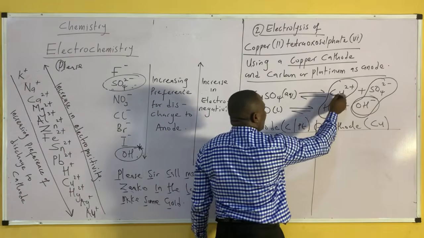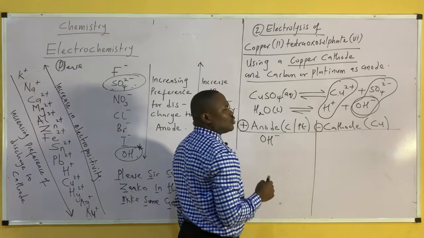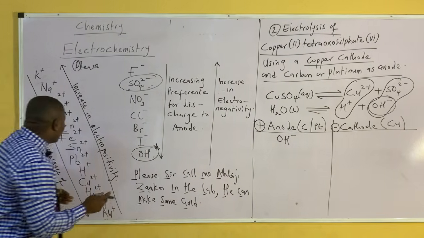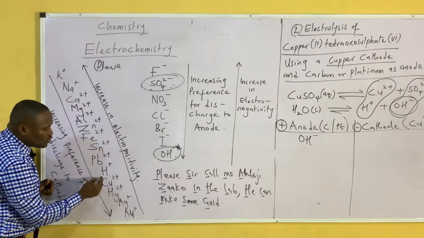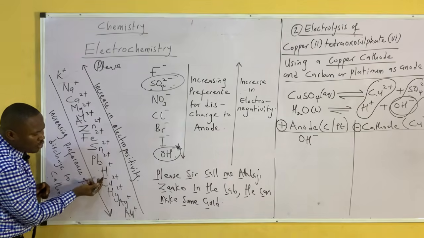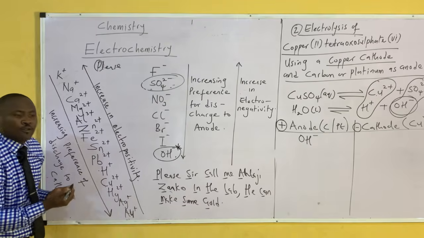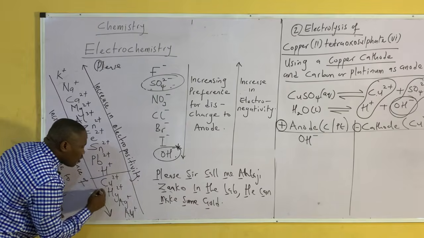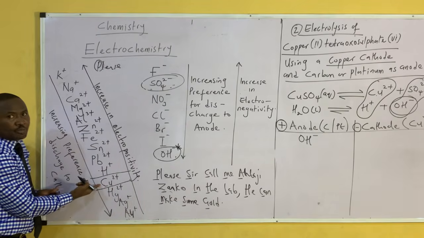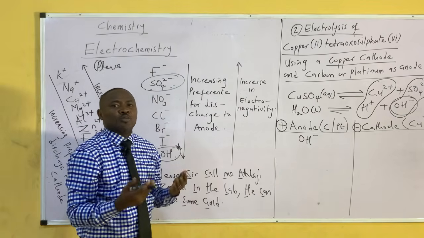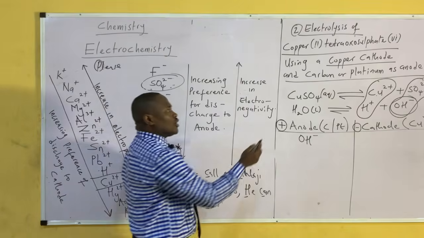Now I have copper and hydrogen. Now, ordinarily, if you check the series, hydrogen and copper, which of them is preferential? Which of them does position favor? Position favors copper because copper is below hydrogen. If you check concentration, which one does concentration favor?